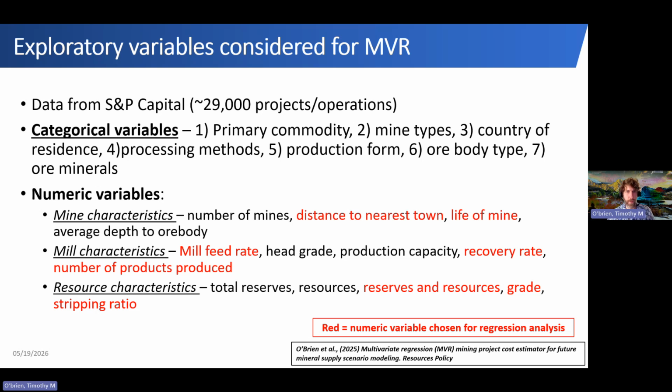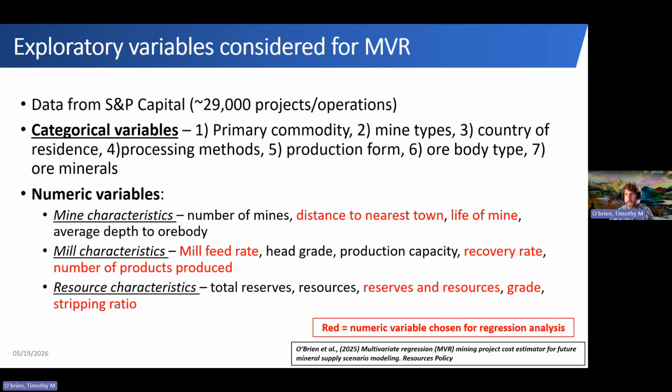Try to go through this quick. These are the various exploratory variables that were considered for the regression analysis. Data was obtained from S&P Capital, and what we got is around 29,000 projects or operations. We looked at not just what kind of commodity it is, but also what type of mine is it?